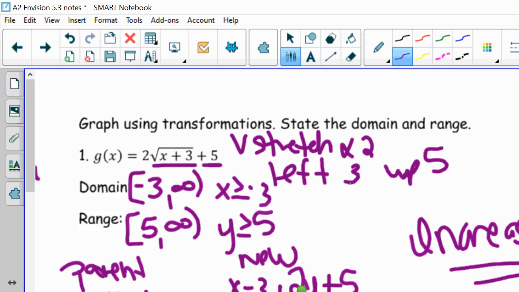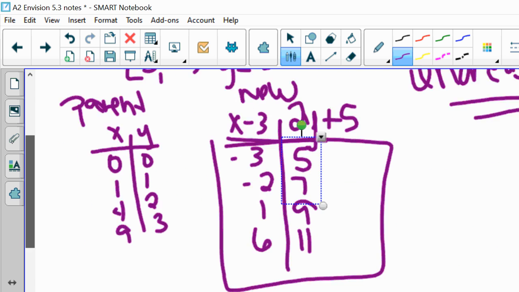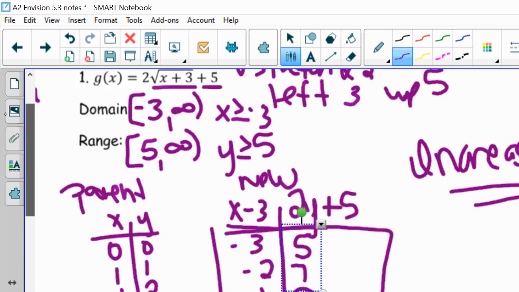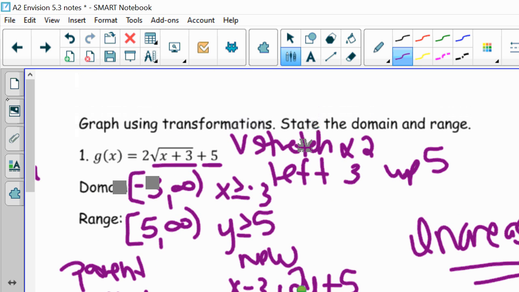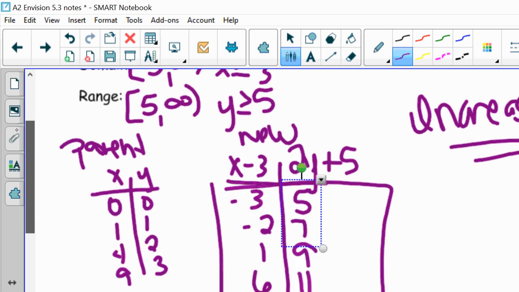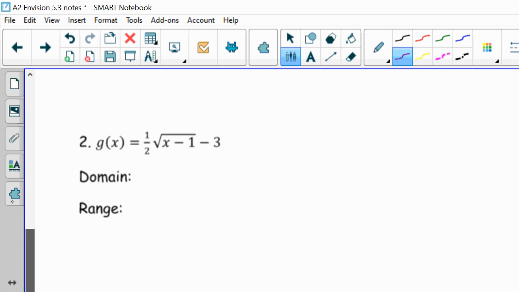Right, let's do another one of these. Notice that that was so much easier than trying to play the game of what x value I would have to plug in to make perfect squares there. So that's why we do the transformations. So number 2, we've got g of x equals 1/2 the square root of x minus 1, all of that minus 3.